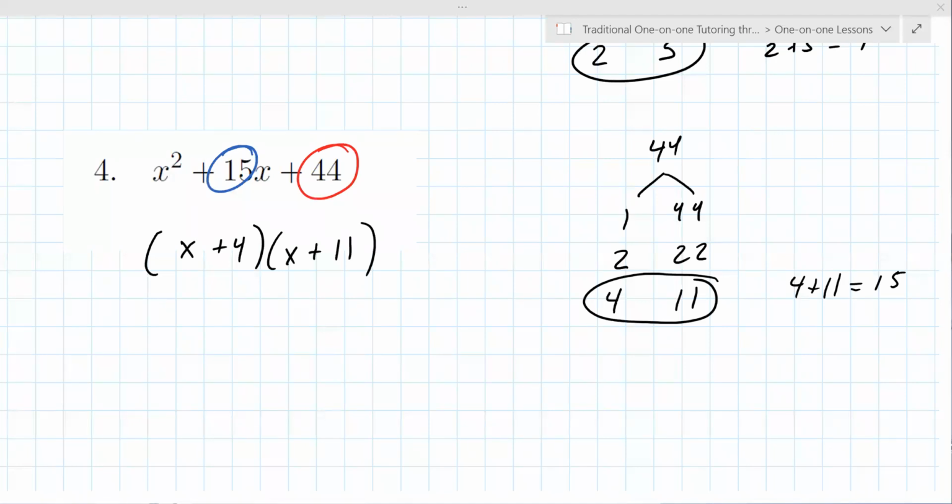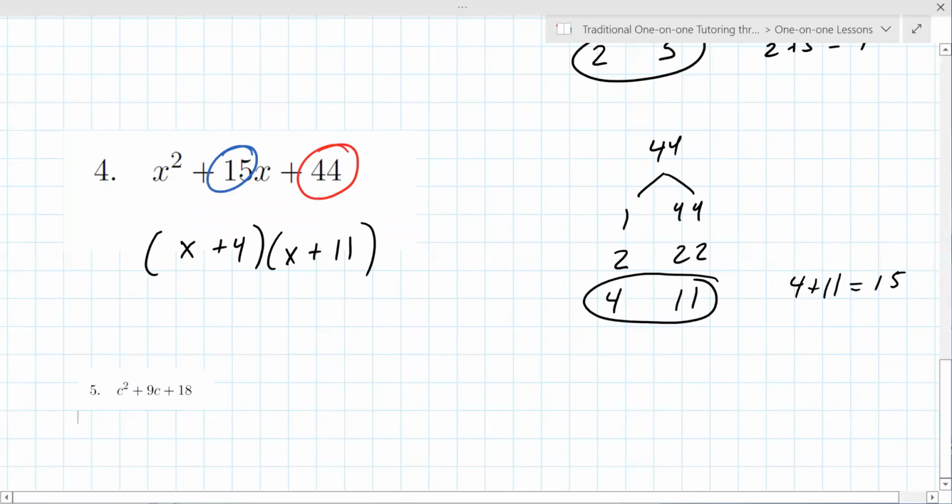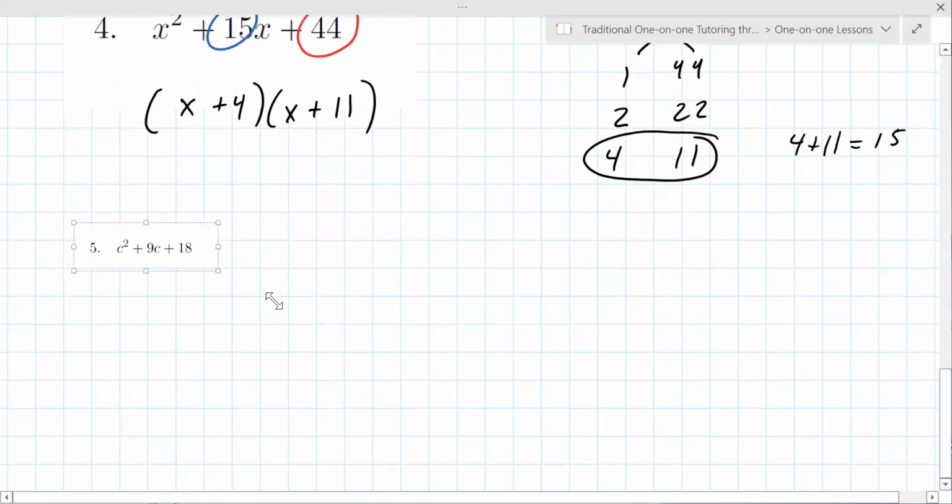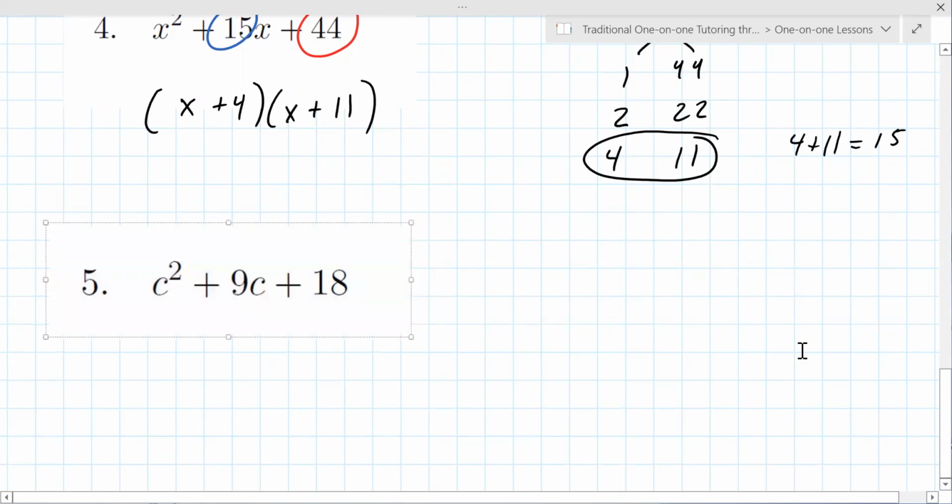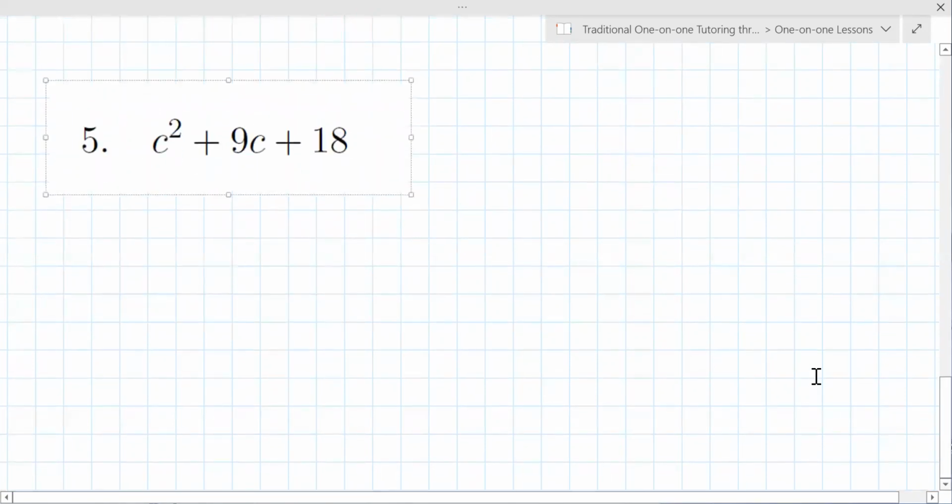Okay, so here's another one to try. This one's a little easier. I'd like you to try this one on your own, please. c squared plus 9c.